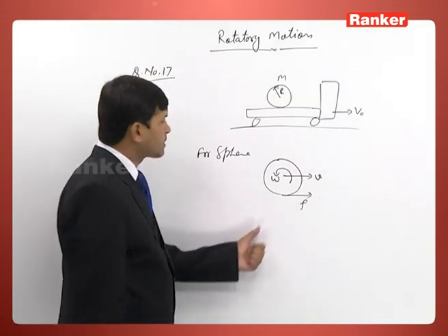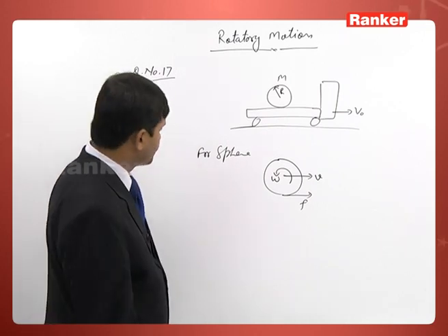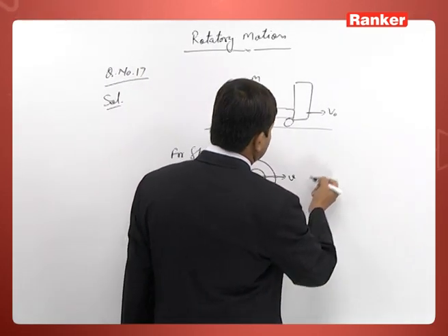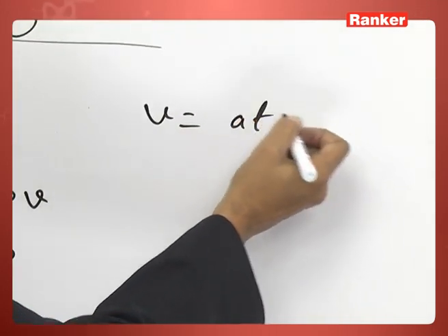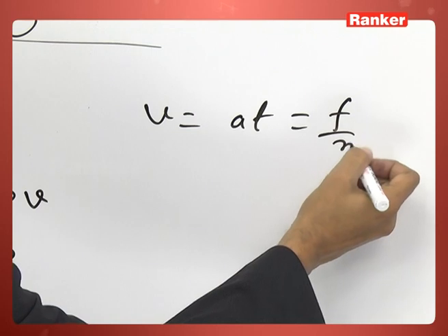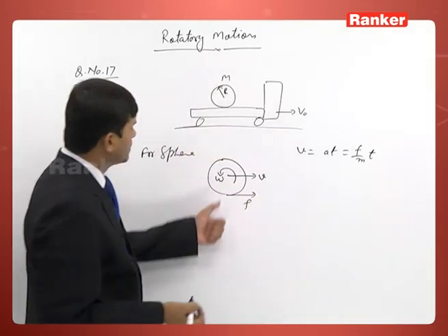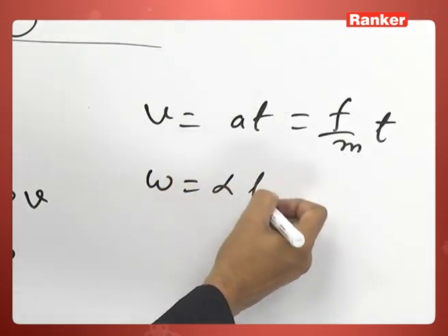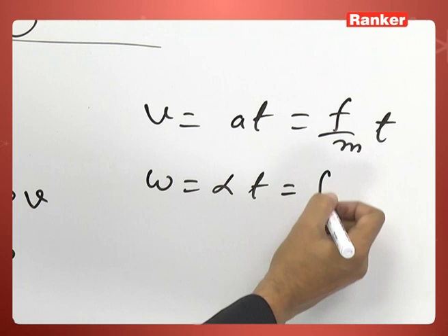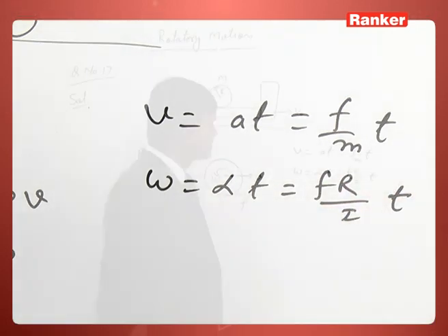So we will calculate the velocity v and angular velocity omega after time t. See, v is equal to u plus at, a is nothing but f by m into t, and omega is alpha t, alpha is torque f into R by I into t.